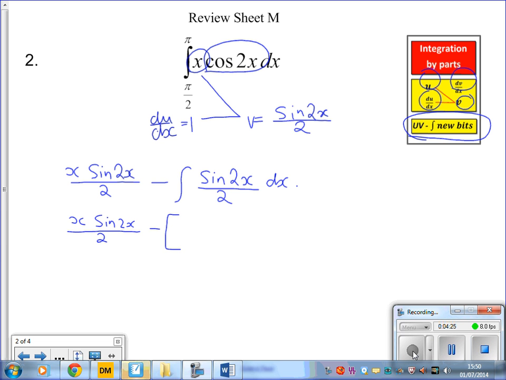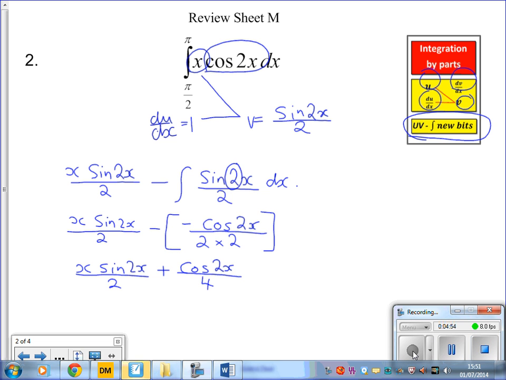So now to integrate sine 2x over 2, it's going to give me minus cos 2x. It's already over 2, but remember I need to also divide by this 2, so that's also going on the bottom down there. Just tidying it up. Put the plus there, cos 2x over 4.